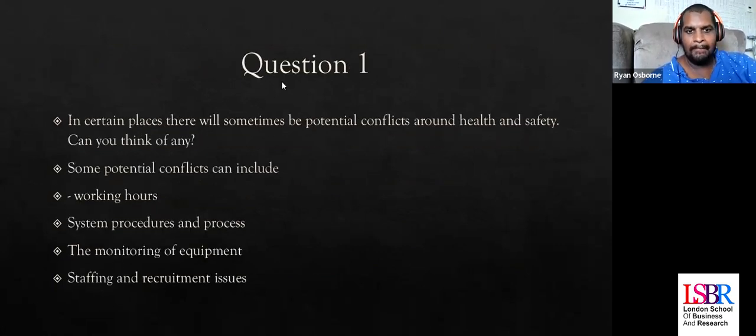That's very interesting. So again, we will look at health and safety practitioners, and they will have certain conflicts as well. So in certain places there will be a lot of conflicts around health and safety. So in your job there may be potential conflicts such as working hours, system procedures and how it is processed, the monitoring of equipment as well.